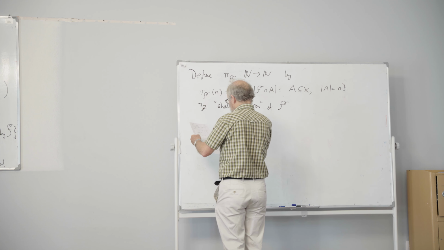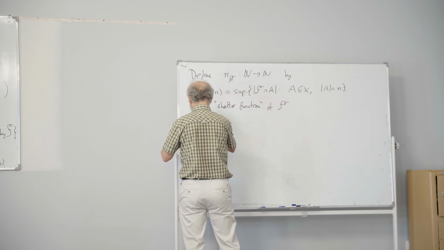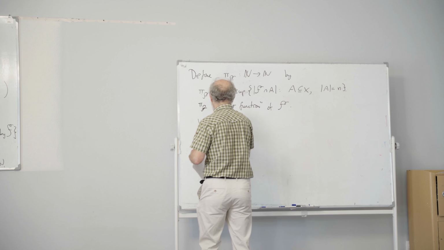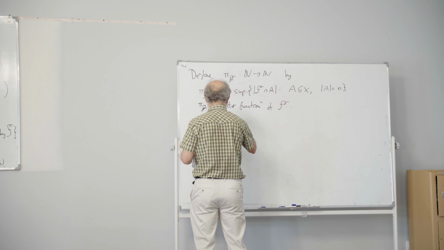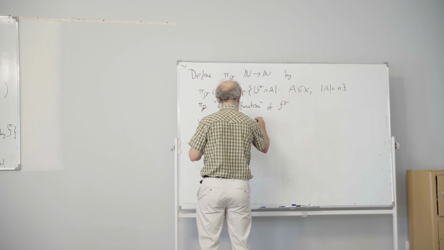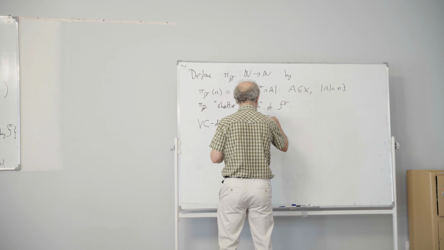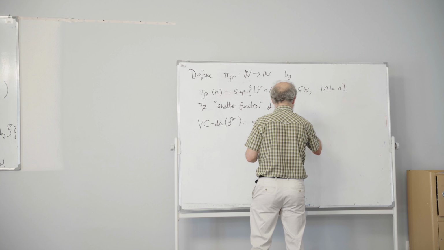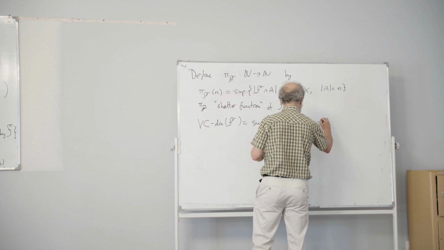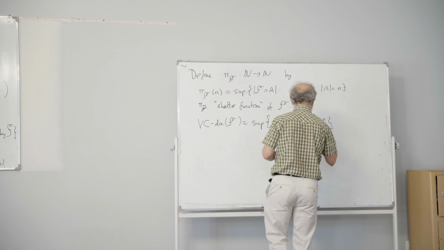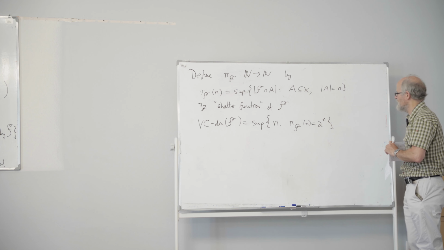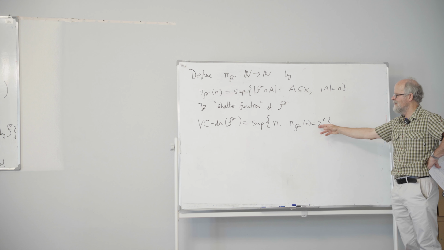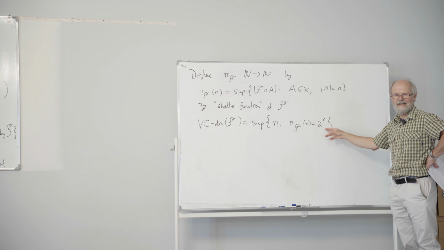And so what you're going to get is that the VC dimension, dim of f, is the supremum of the set of all n so that pi f of n equals 2 to the n. If you can completely shatter a set of size n, you get 2 to the n here.